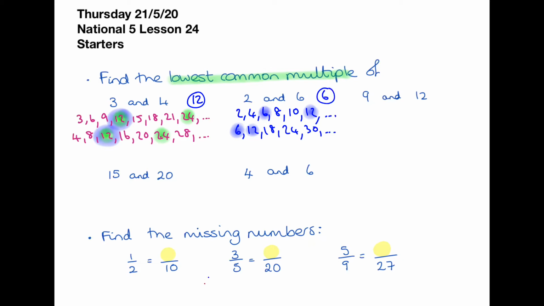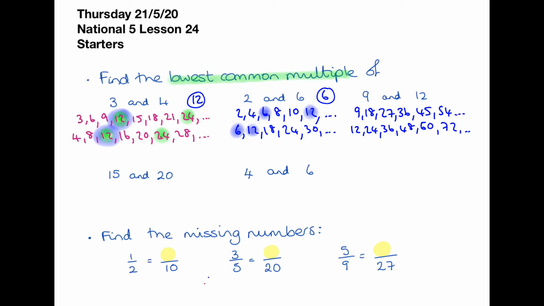Okay, let's think about 9 and 12. We've got 9, 18, 27, 36, 45, 54 and so on. For 12, we've got 12, 24, 36, 48, 60, 72 and so on. And remember, we only need the lowest common multiple. So as soon as we get to a number that's in both lists, we can stop.